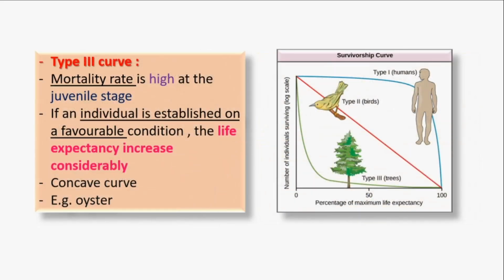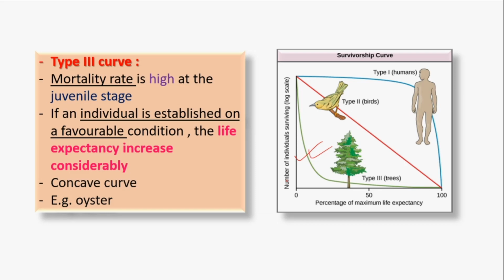Next is the type 3 curve, the blue one. It is shown by lower vertebrates and invertebrates, because they produce large numbers of offspring and the offspring show a high mortality rate at the juvenile time.